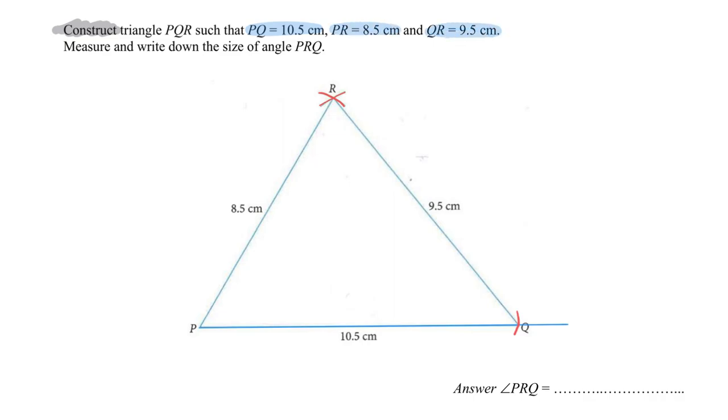For the first line, it is advisable, when we have this whole line here, P, then using a compass, so I repeat, using a compass, measure 10.5 cm and use that compass to draw an arc on this line.